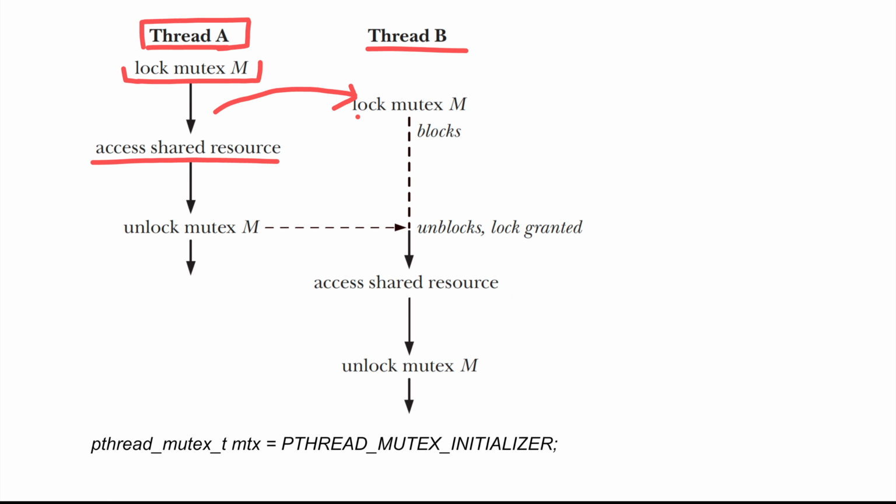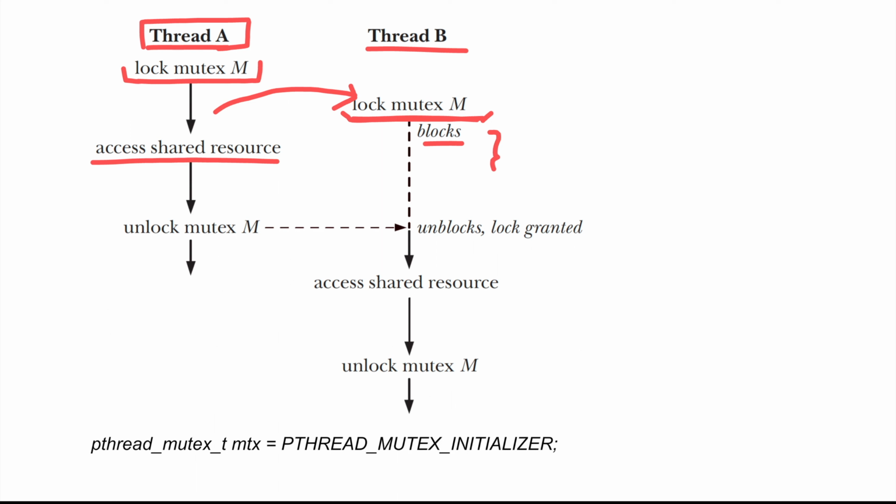Thread B also wants to access the shared resources, so it will also try to lock the mutex. Since the mutex was already locked by thread A before it moved out of the CPU, thread B will not be able to lock the mutex and would block.